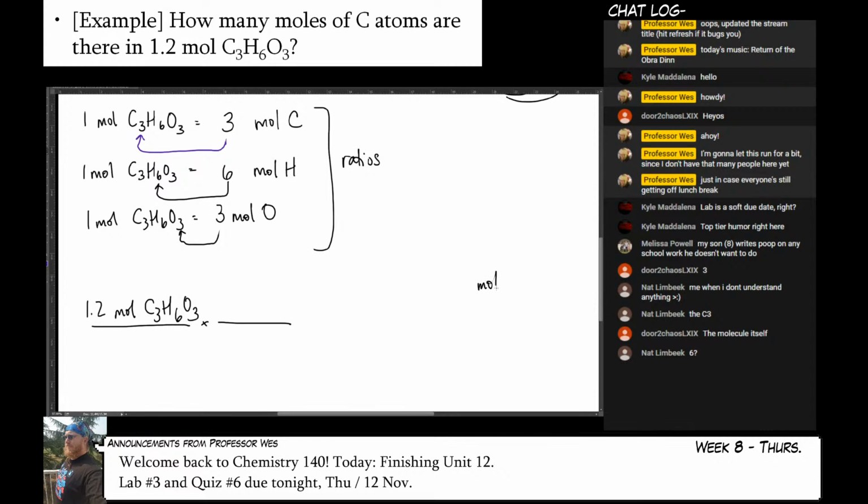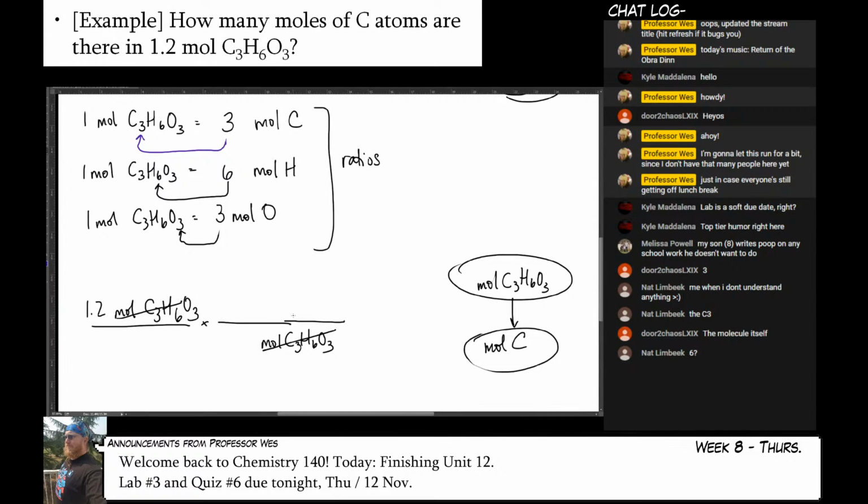And I want to turn moles of whatever molecule this is into moles of carbon. So let me set up my units to do that. Moles of C3H6O3. So these cancel. We're going to turn that into moles of carbon.